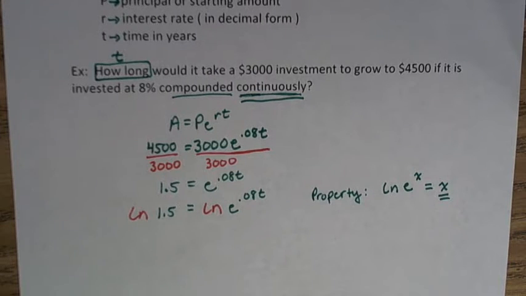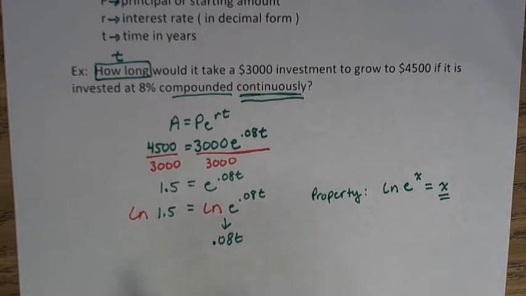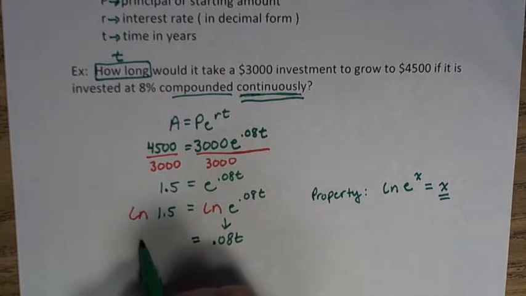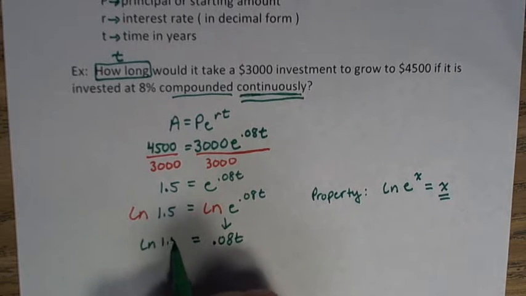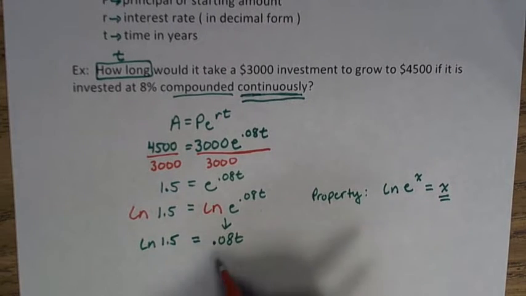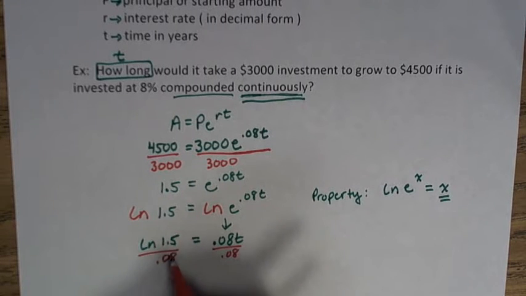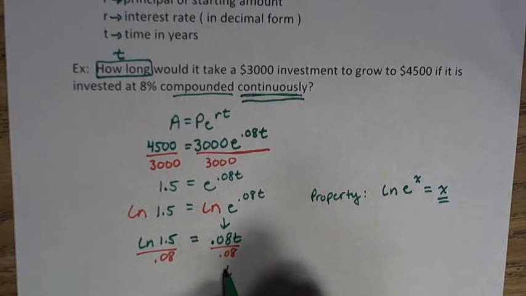So if you remember that property, you'll recognize that this is going to become just 0.08t. So 0.08t is equal to the natural log of 1.5, and if I divide both sides by 0.08, I actually get to my answer just a little bit more quickly.